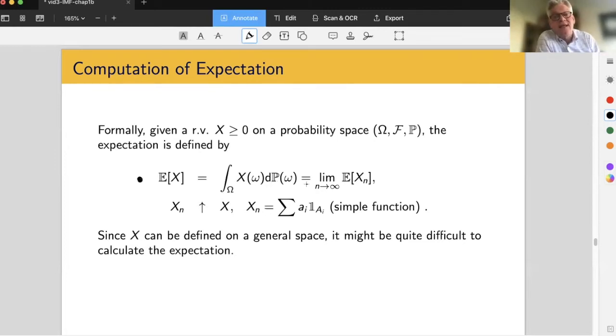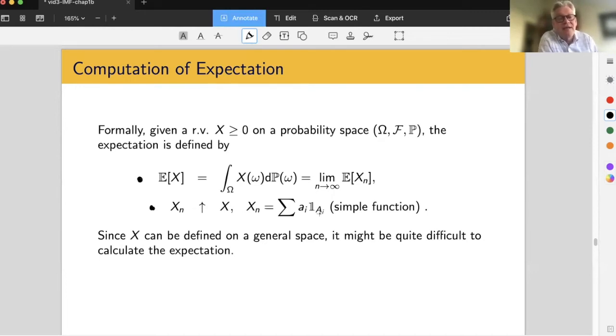And that is then the limit as n goes to infinity of the expected value of xn. Now, when we're dealing with simple functions, then we know that xn converges from below to x, and xn is basically the sum of ai times the indicator function that we are in the event Ai, a simple function.